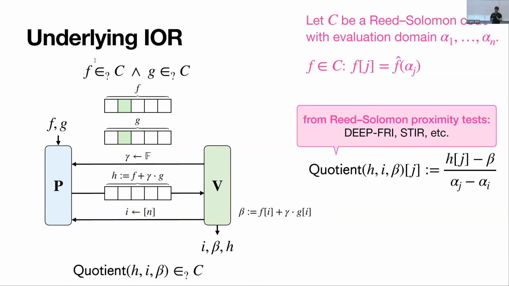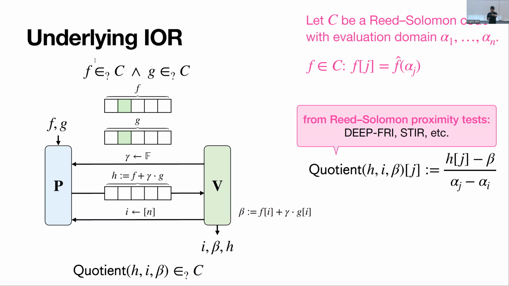So what is this quotient? I don't have time to go into it, but essentially this is a tool that has been around for a while. It's been used in other Reed-Solomon proximity tests, and it basically allows us to show that if f and g were far from the code, then with high probability the quotient of this new combination will be far from the code as well.